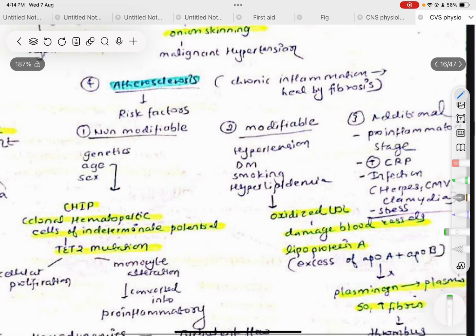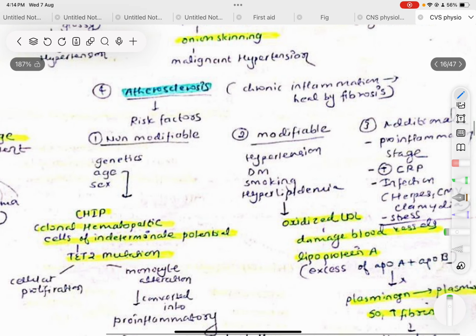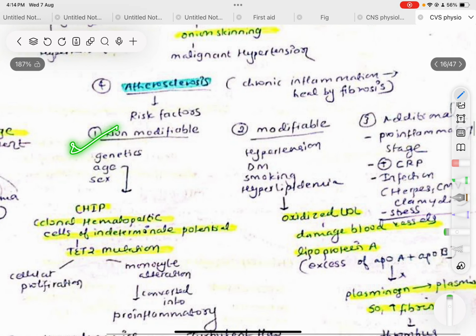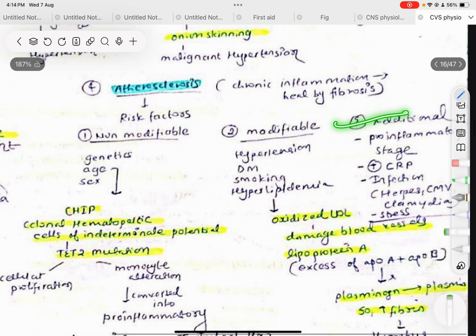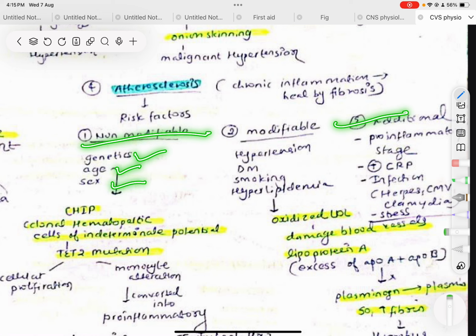So there are certain risk factors which can increase the risk of atherosclerosis. So non-modifiable, modifiable, additional. So non-modifiable is genetic, age and sex. You can't change these things.